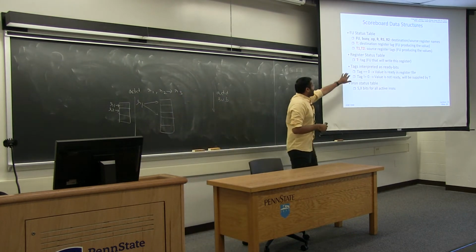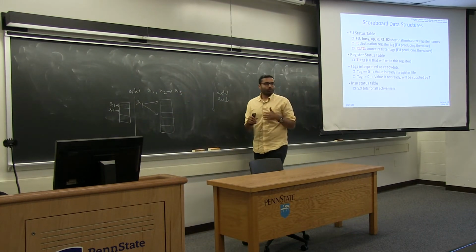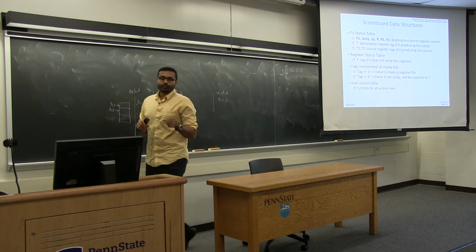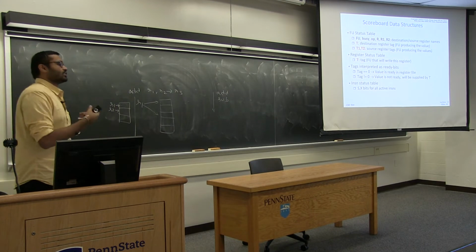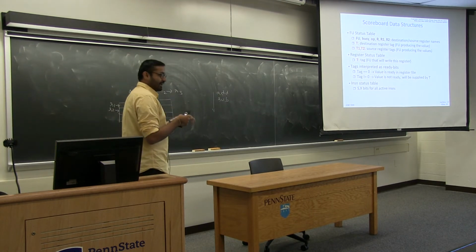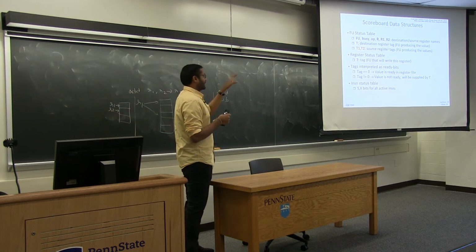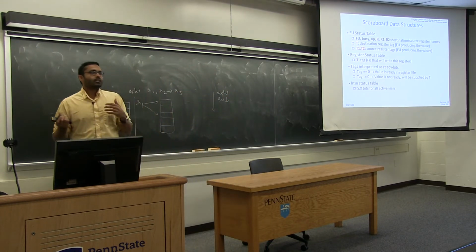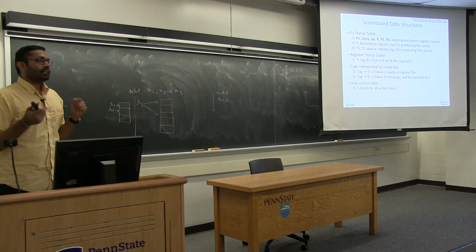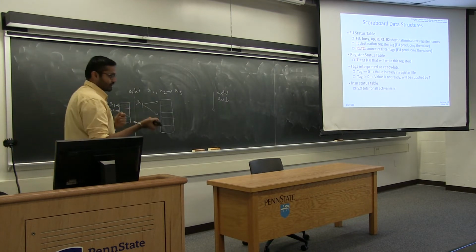And then we have a special table called the register status table, which maintains the tag for each of the individual registers. So who is responsible for providing the latest value for that particular register is maintained in that status table. And the way to read these tag values is that they are either 0 or non-zero.